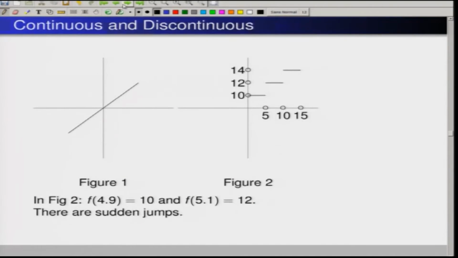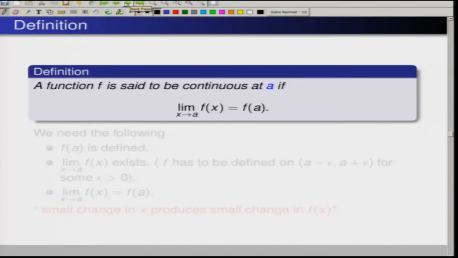We call a function f continuous at a if the limit of f of x, as x goes to a, is equal to f of a. Let us see what assumptions we are making while saying this. First, that f of a is defined.